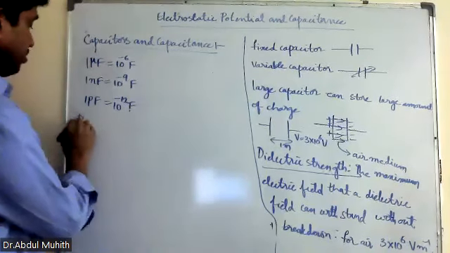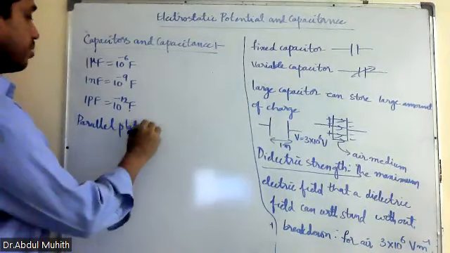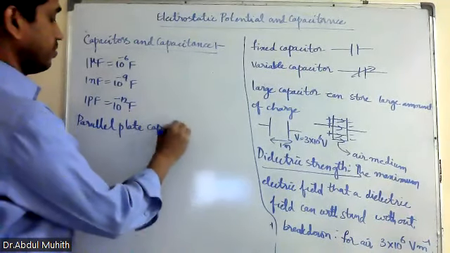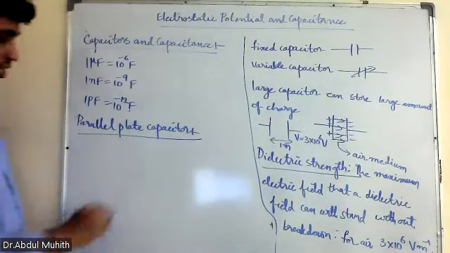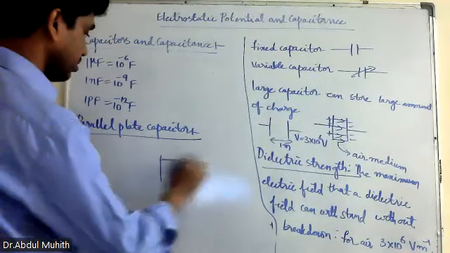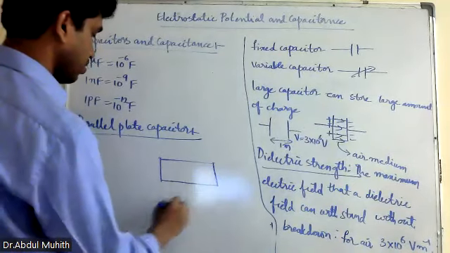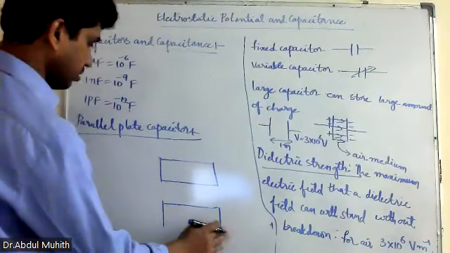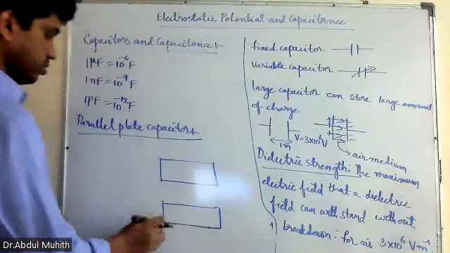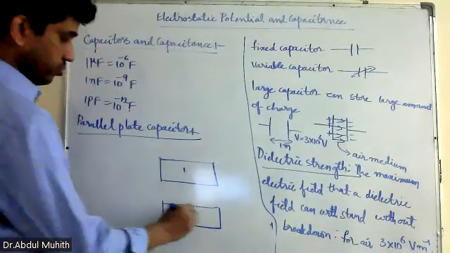Now, the next concept is the parallel plate capacitor. In a parallel plate capacitor, we have two plates like this. This is plate 1, this is plate 2.